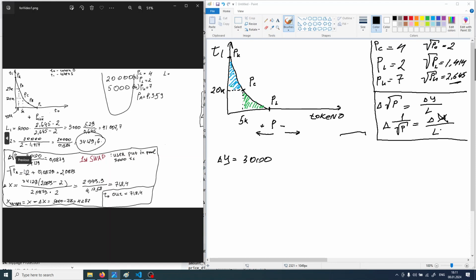When we put 3000 of token 1 into the pool, the price goes up, and we create a new point, P R, price R. We have in the pool 20,000 of token 1, and now delta y will be 3000, and for PA, y new will be 23,000.